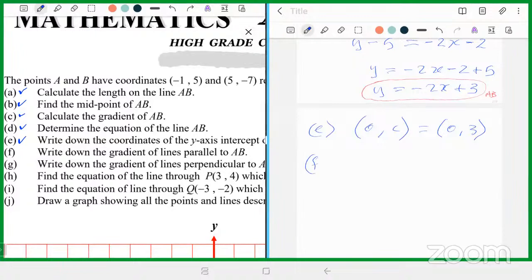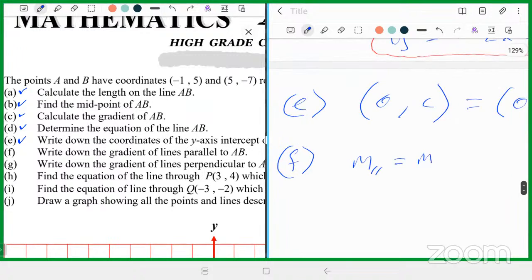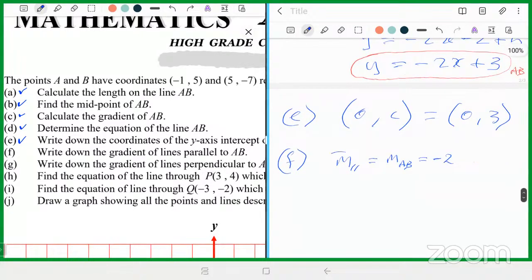So part F, the gradient of a parallel line, these 2 marks here that I've placed under the M, is my symbol for parallel. 2 lines running like that, parallel. So gradient of parallel lines will be equal to the gradient of AB. And the gradient of AB we know is -2. So the gradient of lines parallel to AB will be equal to -2, as easy as that. All lines parallel to AB will have the same gradient of AB, which is -2.